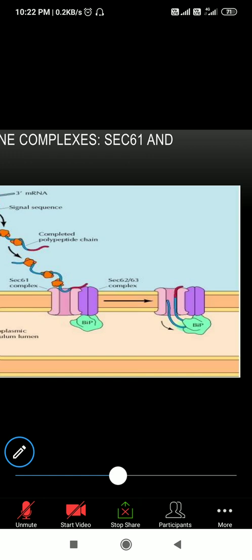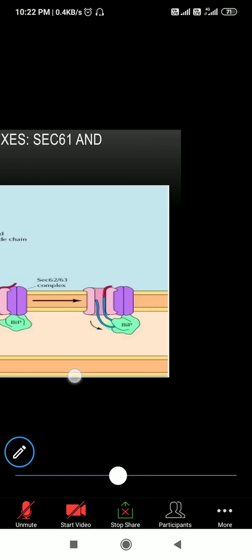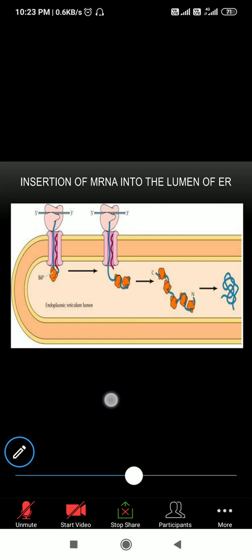BiP is important as it drives the post-translational translocation of proteins into the endoplasmic reticulum. So now we have protein in the lumen of the endoplasmic reticulum.